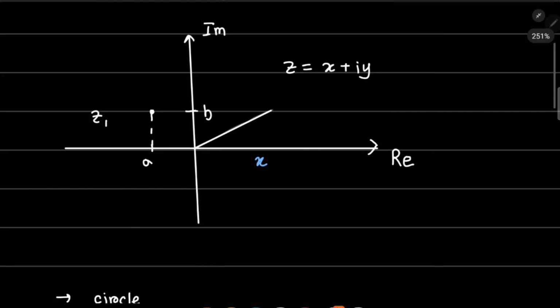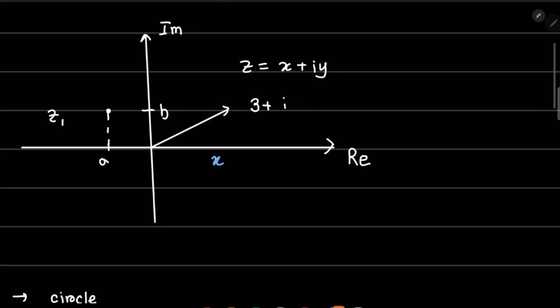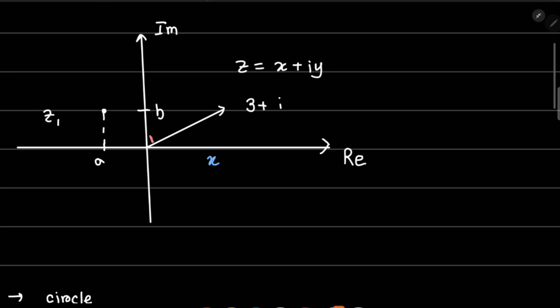So if I want to find the magnitude of this line, suppose it's 3 plus 1i, so 3 plus i, basically the distance of this, I'll need to use Pythagoras theorem. I know that this is a right angle, this length is 3, this length is 1.